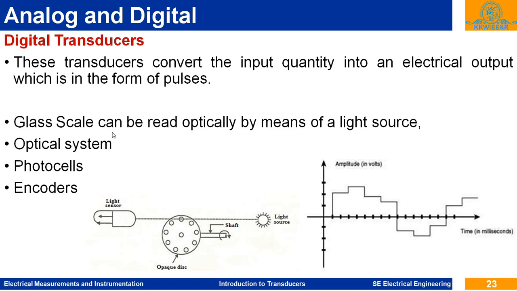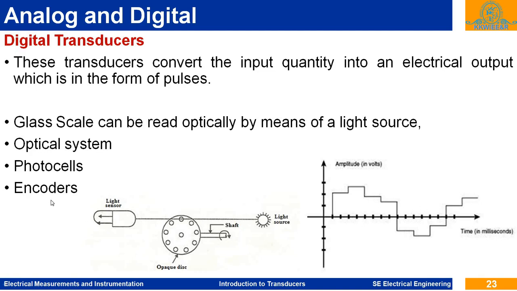A glass scale can be read optically by means of a light source or an optical system. Photocells and encoders: the output of these devices is in terms of pulses.